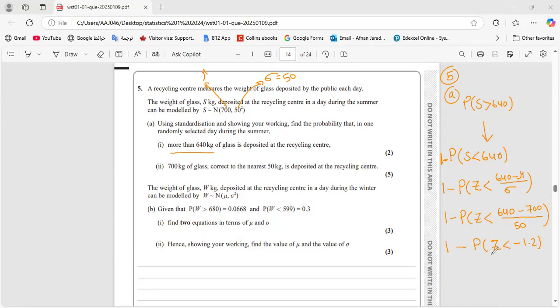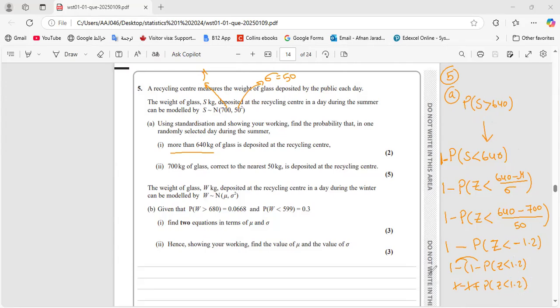You need to convert from negative to positive, so it's 1 minus the probability of Z less than 1.2. Or from S greater than 640, the probability of Z greater than negative 1.2 is also the probability of Z less than 1.2.